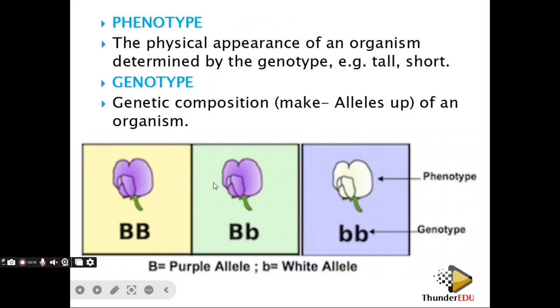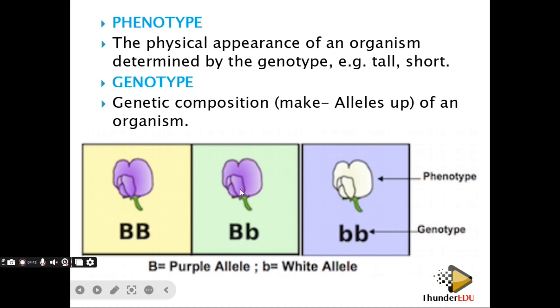As you can see here, these letters represent the alleles, and the alleles are found where? In the genes. Now here you can see the previous example, homozygous dominant, and this dominant allele codes for what? Purple color. Therefore you can see the offspring has purple color because of the dominant allele.